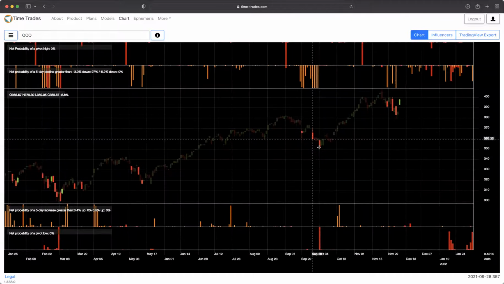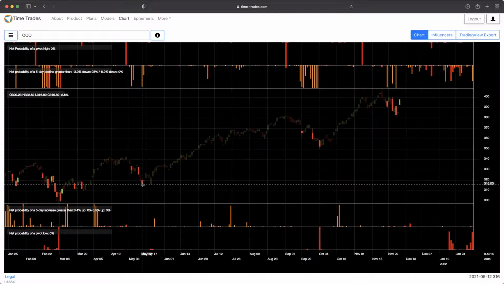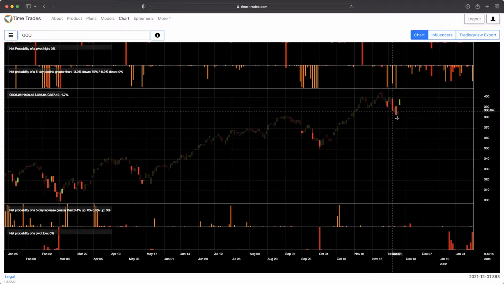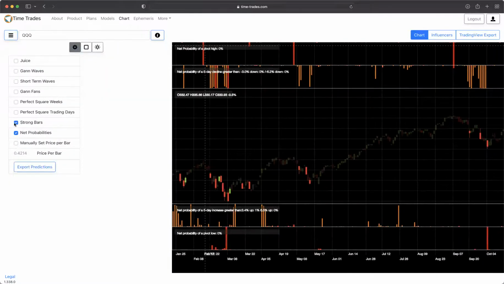You can see here in September, we got a cluster of strong bars near the end of trends. And same thing in May, and same thing in March. And looks like the same thing might have happened here in December, where we get a couple of strong bars right before a trend change. So that is another feature that I've incorporated into Time Trades.